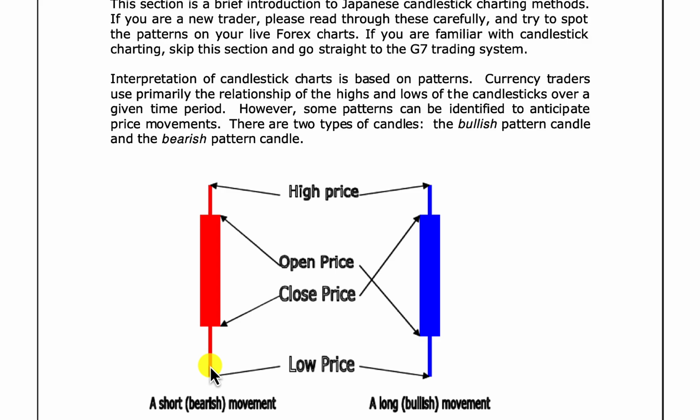This represents that entire period. For example, if this was an hour chart, and we were looking at hourly candles, in this hour, this one on the left, the red one, the market will have opened at that price where the arrow is, moved up or down to the high and the low price, and then closed at the place where it says the close price.